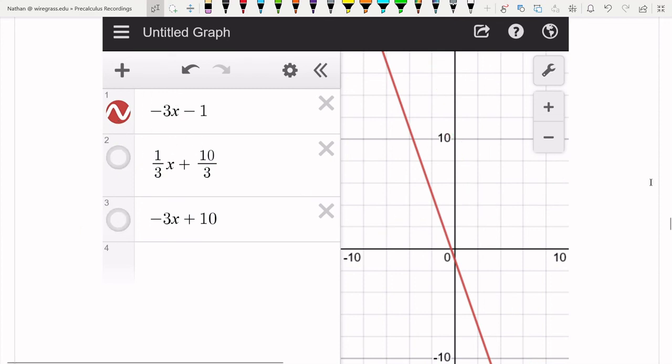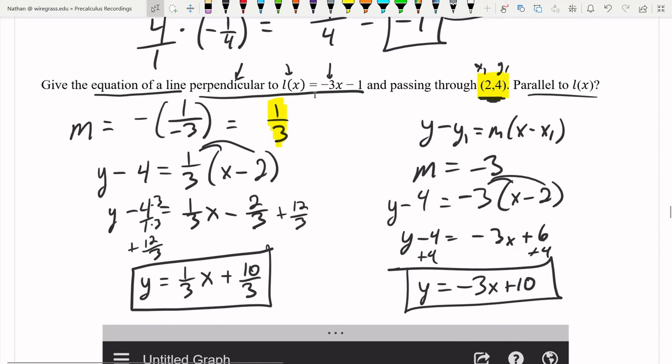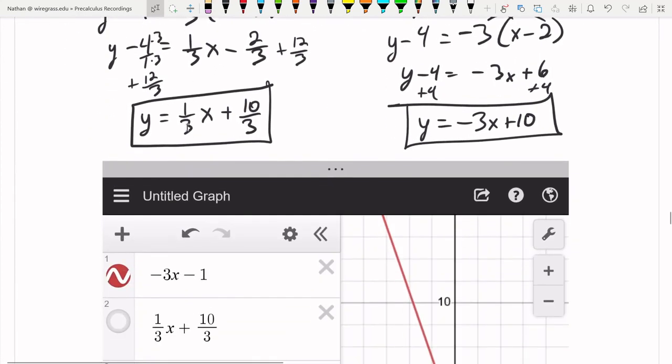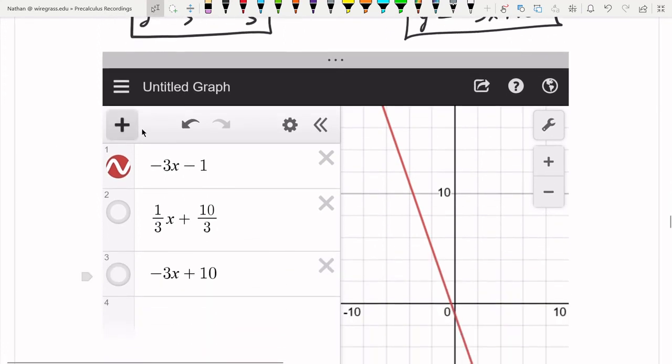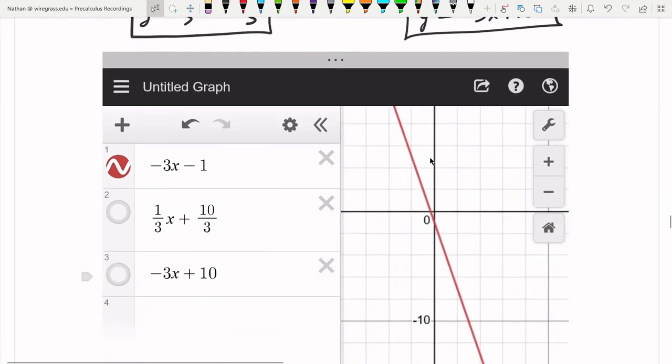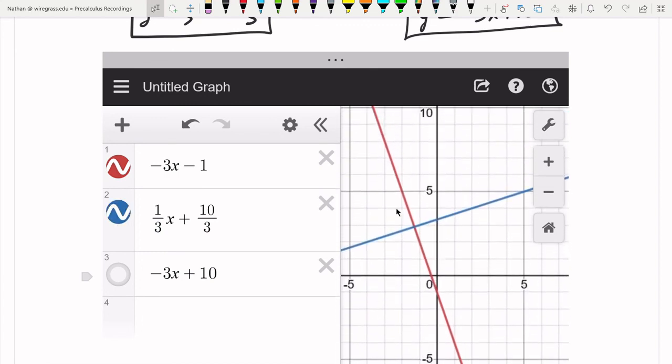This is the original function we had, -3x minus 10. That's L of x. We want a line perpendicular to it. That's this first one, 1/3 x plus 10/3. This is our original function. Here's the line that's perpendicular to this. And you can see it does look like it meets at a 90-degree angle. We know that it does because it's got negative reciprocal slope.